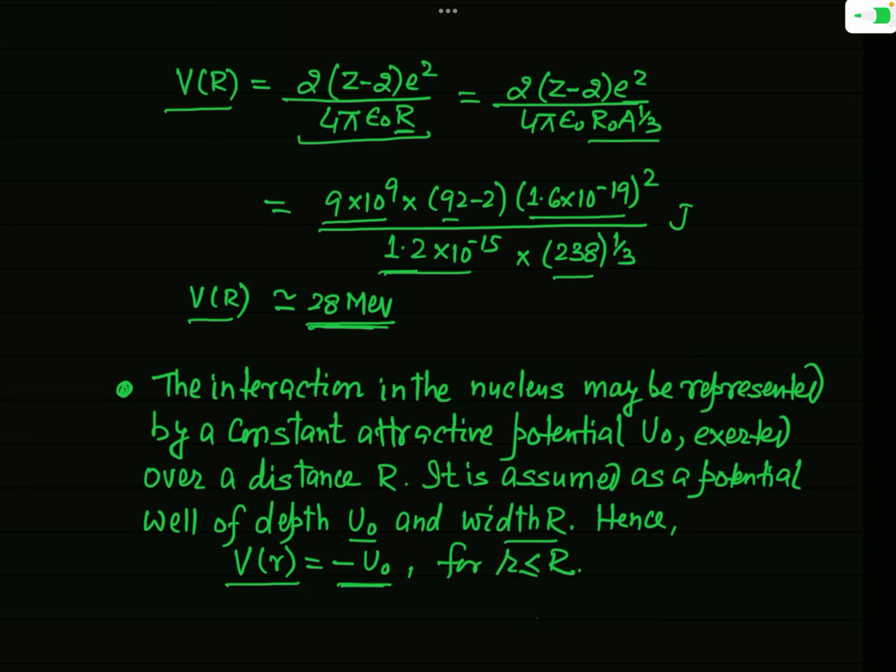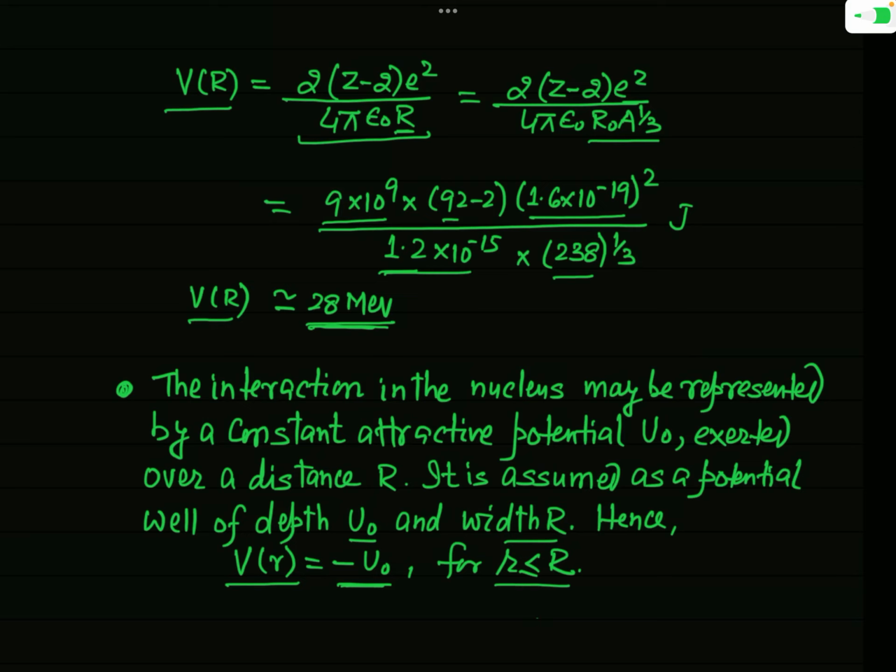The minus sign here represents the attractive nature of the interaction. So when r is less than or equal to R, the potential is minus u0, and when r is greater than capital R, the potential will be just the Coulomb potential.